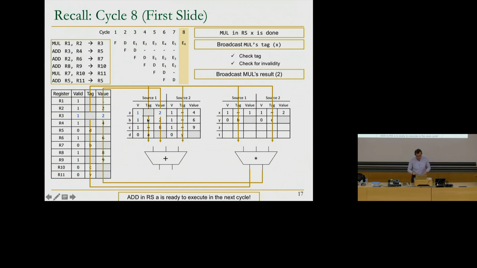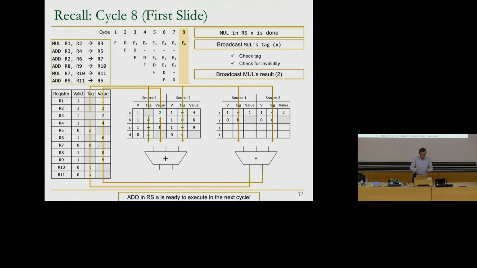Okay? Now you should ask yourself, what is required to enable this? It's actually a lot of circuitry, as you can see. We're storing all these tags. Whenever we're doing a broadcast, we're sending the tag of the instruction that's just finished execution everywhere in the machine where you see tag. All of those locations have comparators comparing the tag that's stored to the tag that's broadcast, and they're checking equivalence.